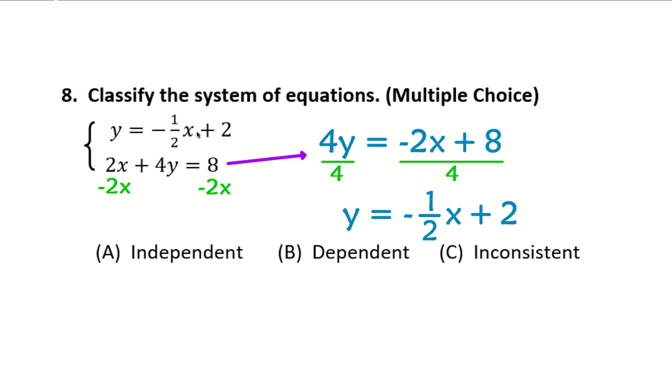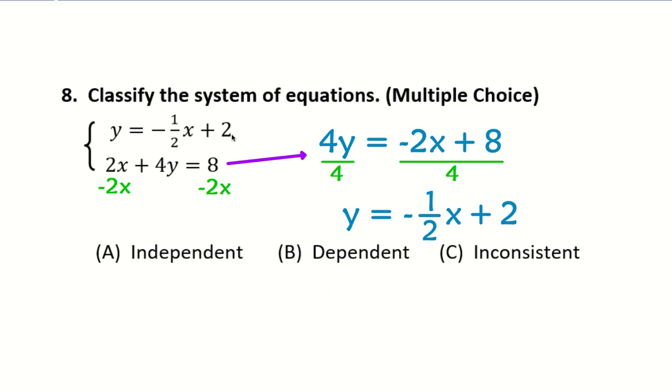And you also might have to know how to take a system of two equations and figure out what it is. So here's what you got to do. You got to make sure both of these are solved for y. This one already is, but this one needed to be: subtract 2x to the other side, divide both sides by 4 to end up with this. And then you compare the slopes and maybe also the y-intercepts of this and this.